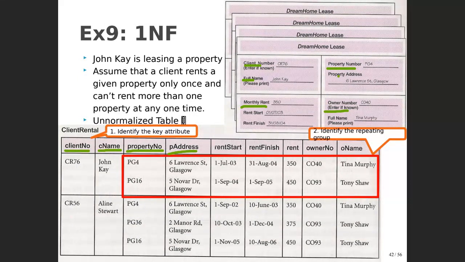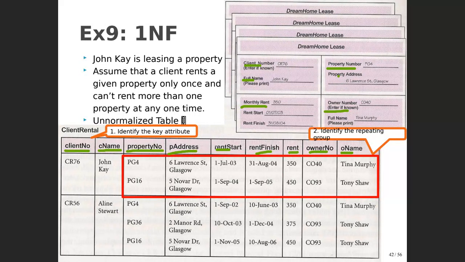For the rent we will have rent start, rent finish, and the amount. Last will be owner number and O name. Got the point? We got this data from these cards, or forms, and we put them in one unnormalized table.